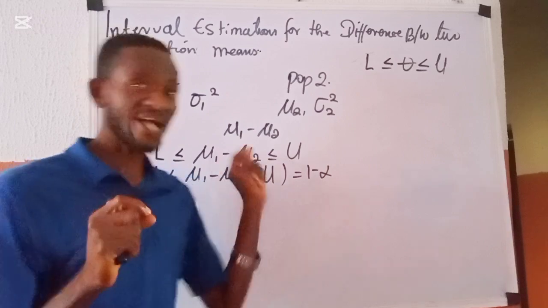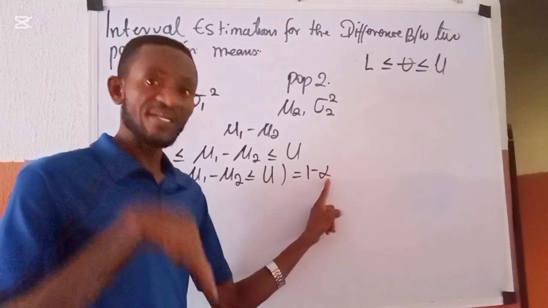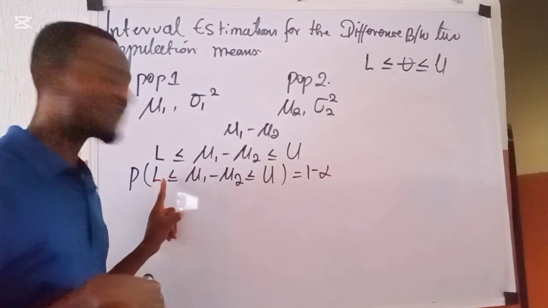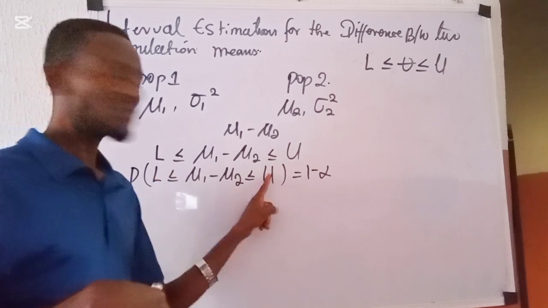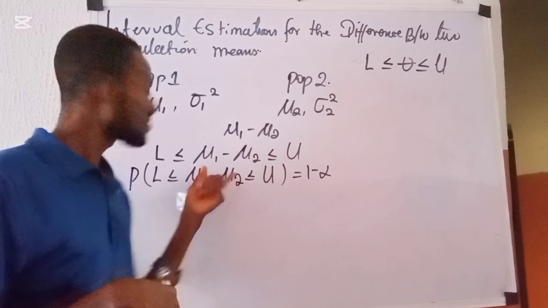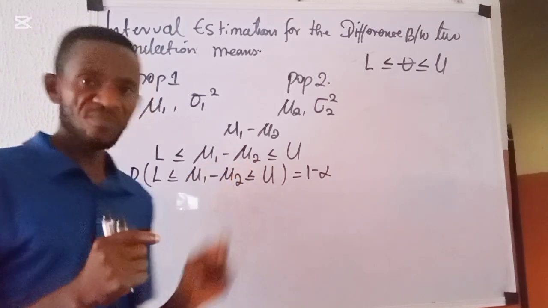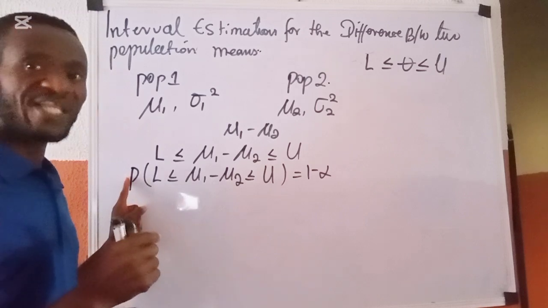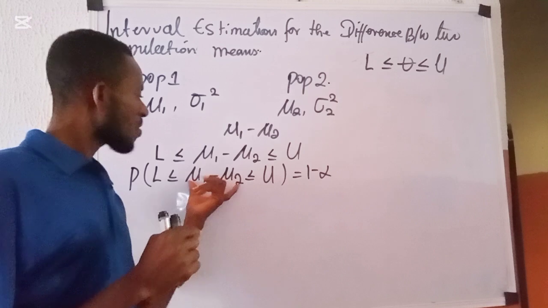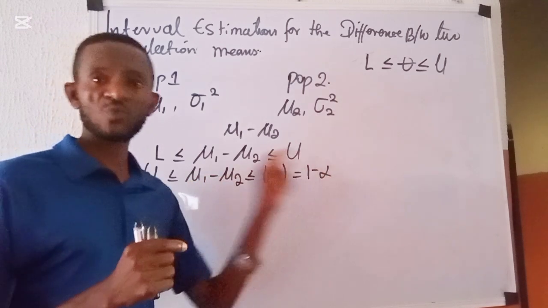That is to say that we are 1 minus alpha confident that our confidence interval L and U are going to contain the difference between the two population means, μ1 minus μ2. Or the probability that our confidence limit L and U contains the difference between the two population means will be given as 1 minus alpha.